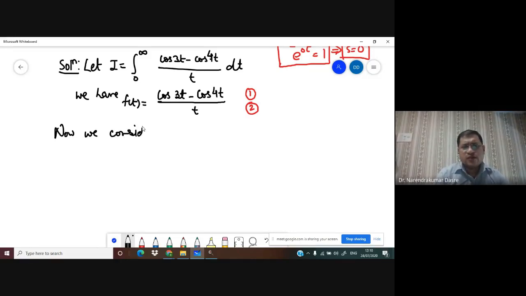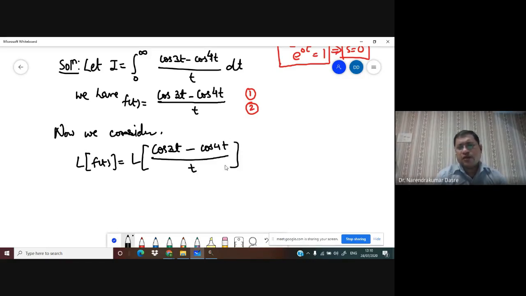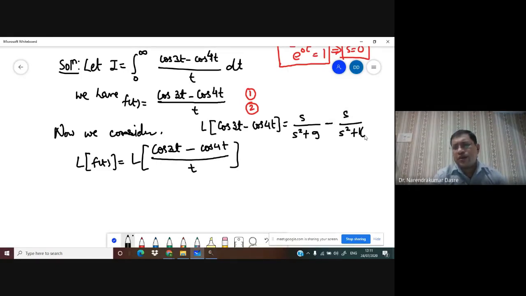Now we consider the Laplace transform of f of t, that is the Laplace transform of cos of 3t minus cos of 4t upon t. What we know is the Laplace transform of cos of 3t minus cos of 4t is equal to s upon s square plus 9 minus s upon s square plus 16.